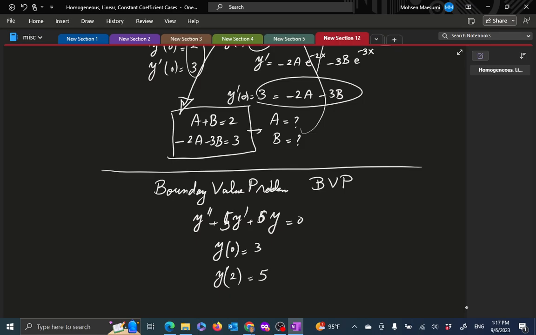I make two designations, one at my x being 0 and the other at a different value, for example at 2, and I designate what that quantity is supposed to be, or some combination of this type of designation. Then we call that a boundary value problem. One can have a course entirely related to boundary value problems. They show up in physical applications quite a bit.